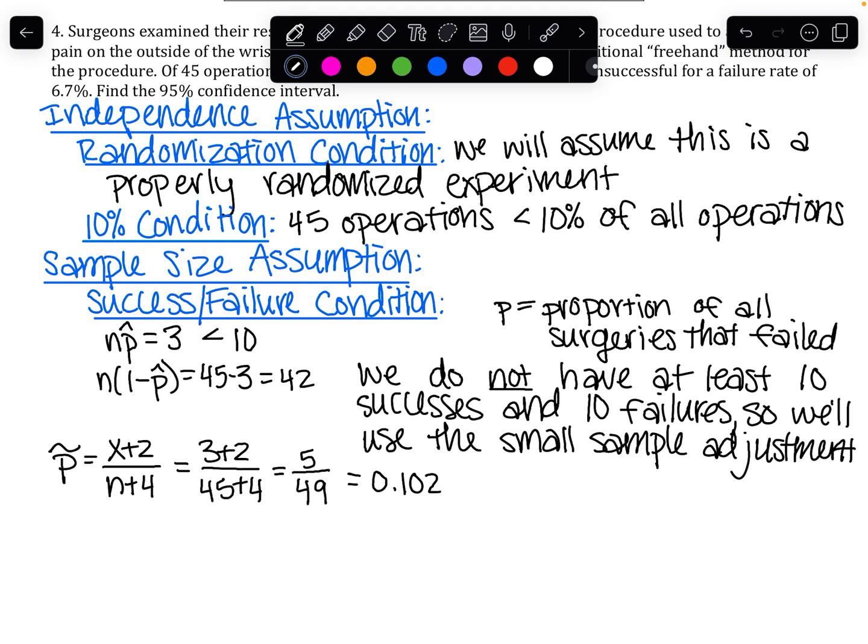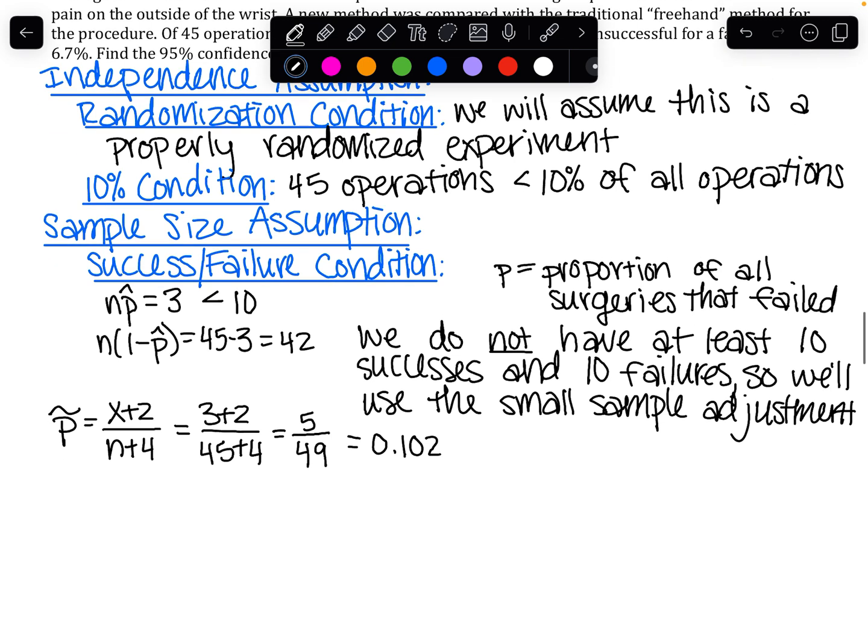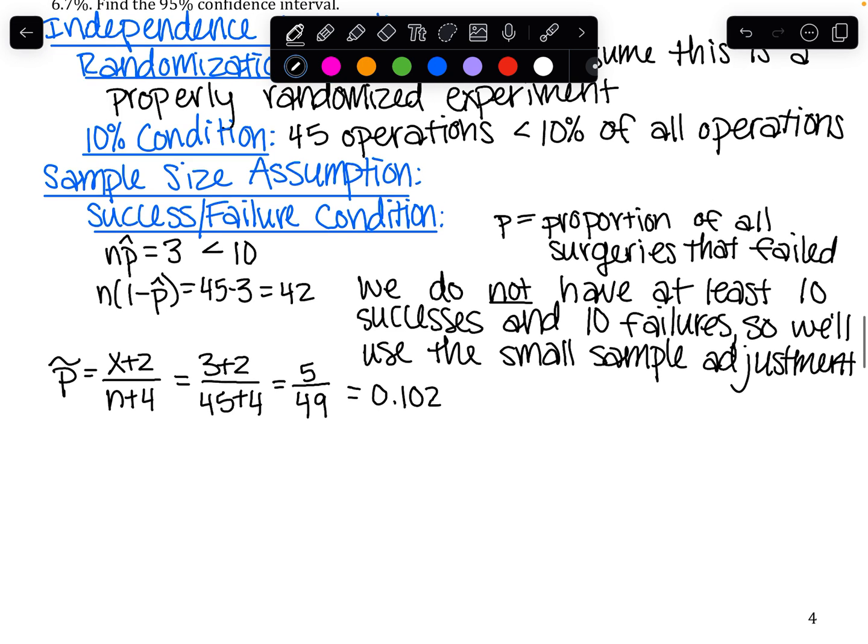So instead of using a p hat of 3 out of 45, whatever that, 6.7%, we're going to use 10.2% for our calculations.